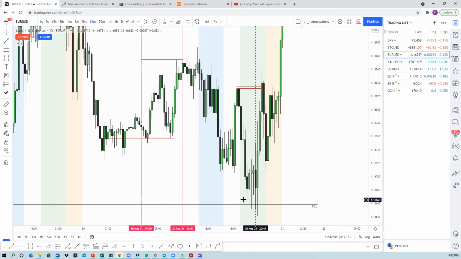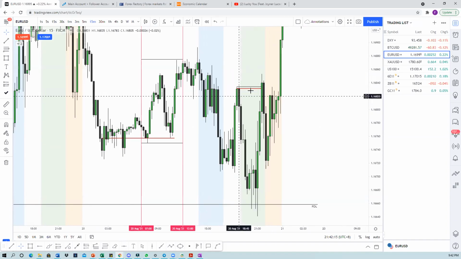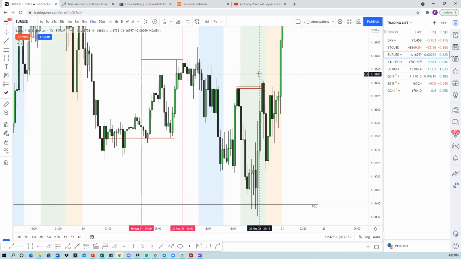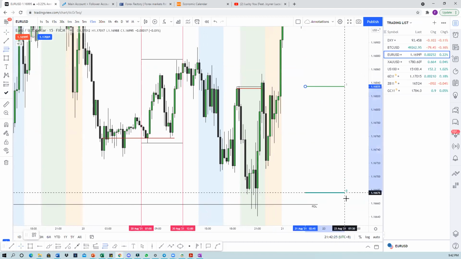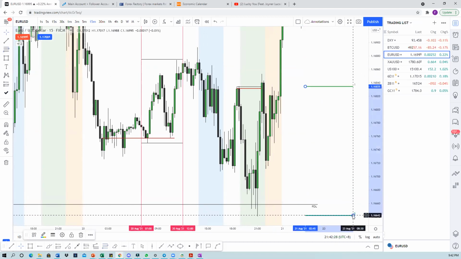Remember step number one. Step number two, what do you want to see? You want to see the confirmation of the bullish order flow, which is what? The true break in market structure or your shift in market structure. And price comes back lower to what? To premium discount.